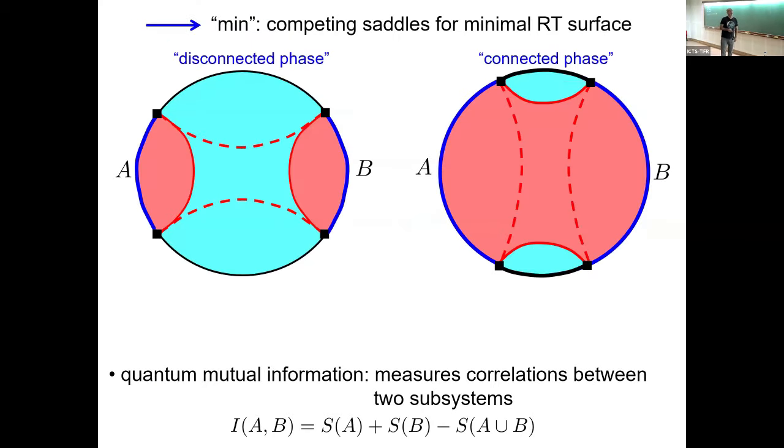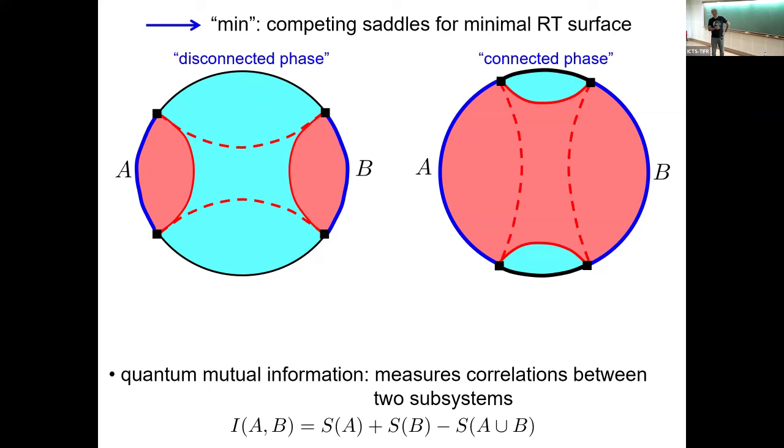A simple example where that arises, and which is going to play a role in today's talk, is if my boundary region has two disjoint pieces. Then we can have two possibilities.